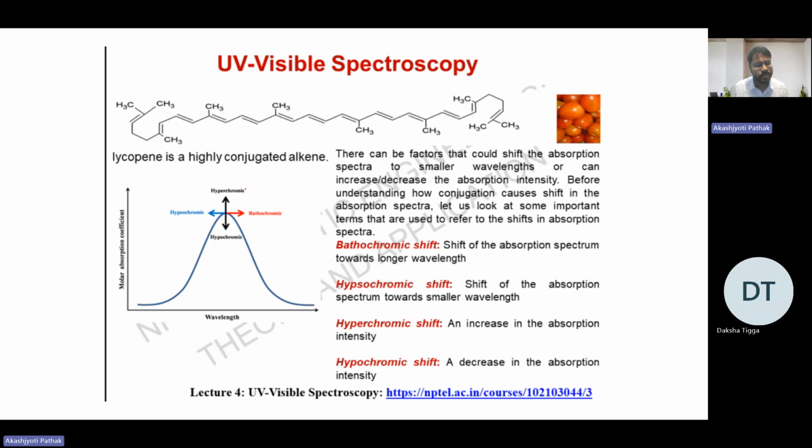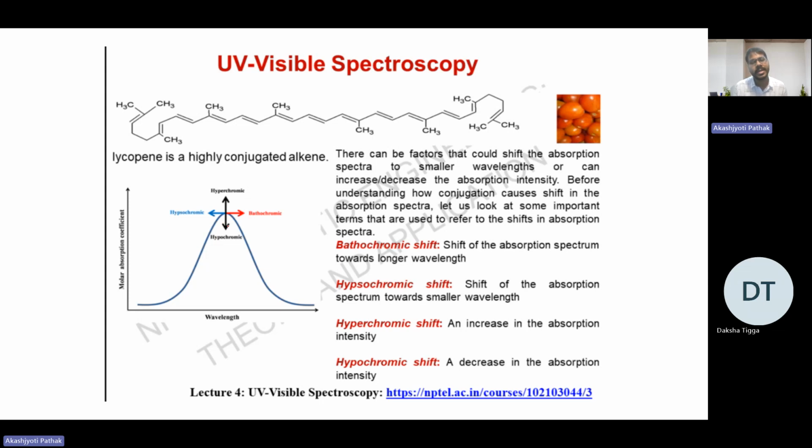For example, if a protein is interacting with a particular ligand, then depending on the concentration of the ligand or where this ligand is interacting with the protein, your protein can show different phenomena: a hyperchromic shift, hypochromic shift, bathochromic shift, and hypsochromic shift.